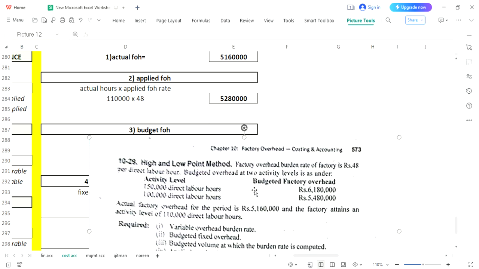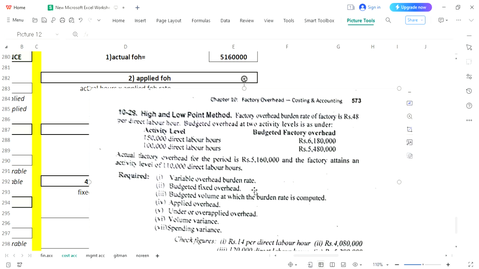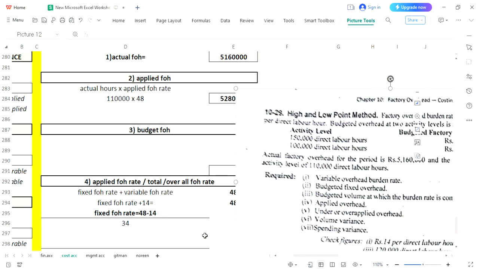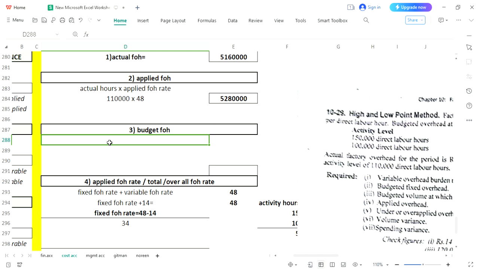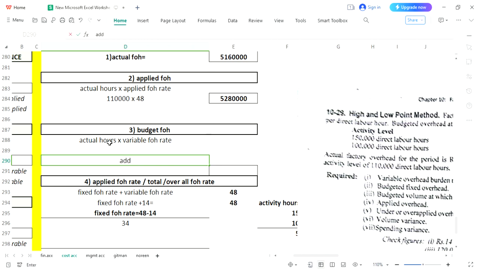The next requirement we can see is simply the variances, but before that we will calculate our budget FH. How do you calculate budget FH? It has two steps. First step is you will take actual hours and multiply by the variable FH rate, and then you will add fixed FH. Your actual hours given in the book, as you can see, are 1,10,000.